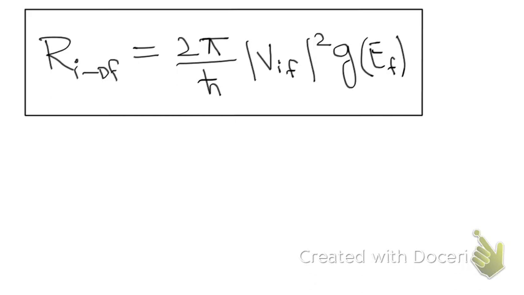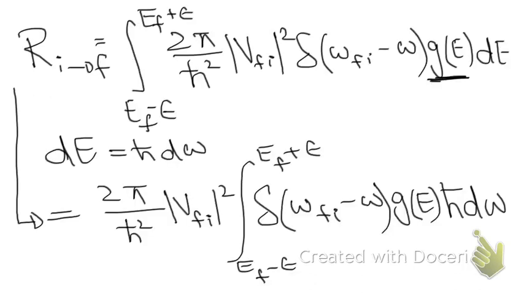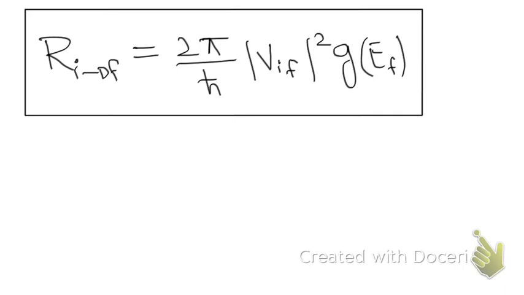And this expression over here is actually much more practical than the expression that I had over here, because this one has the Dirac delta function and this one does not. The Dirac delta function is actually pretty non-physical, and so in this expression it's gone, and therefore it's a lot more practical.